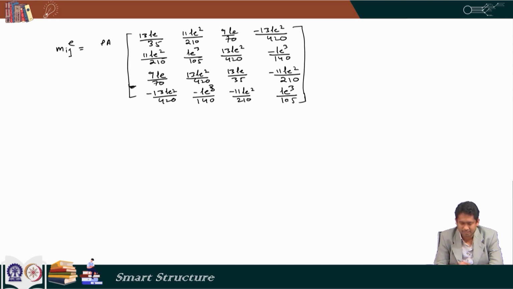So, this we get after doing the integration, and as we can see, this matrix that we get is a symmetric matrix. Now, the symmetry is there in stiffness matrix also.